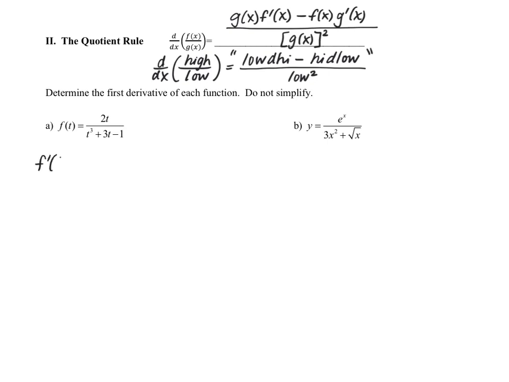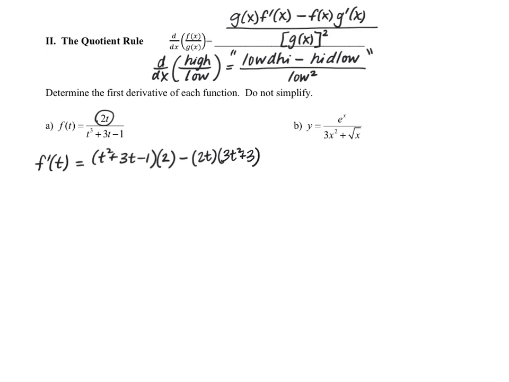So f prime of t is equal to, we have the low d high, so the low function is the t cubed plus 3t minus 1, that's low, multiplied by the derivative of the function in the numerator, and the derivative of 2t is just 2, so that's low d high, minus high, which is the function in the numerator, 2t, times the derivative of the function in the denominator, and the derivative of t cubed plus 3t minus 1 is 3t squared plus 3.